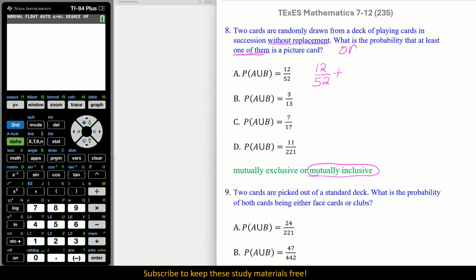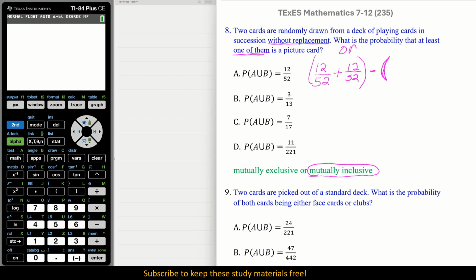Okay. We go ahead and calculate it in our probability. This is the first time, this is the second time here. Okay, so they're together. When we subtract the repetition over here on the side. Well, what is that repetition?